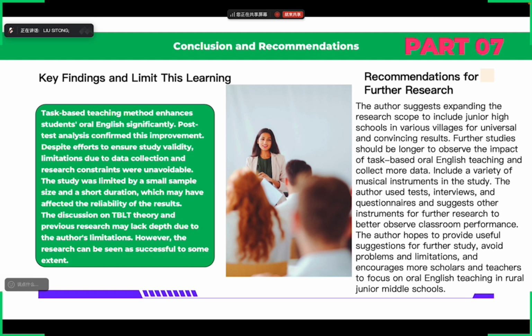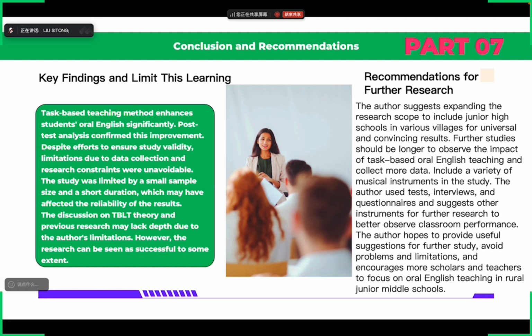And some recommendations. The first one, adopt a hybrid teaching model, combining TBLT with traditional methods to improve both oral skills and exam performance. Number 2, provide teacher training to enhance their ability to implement TBLT effectively.